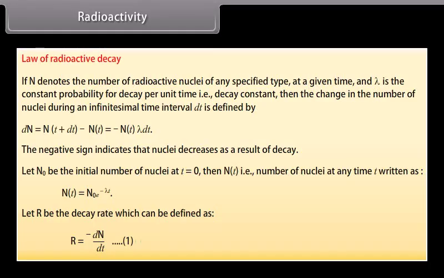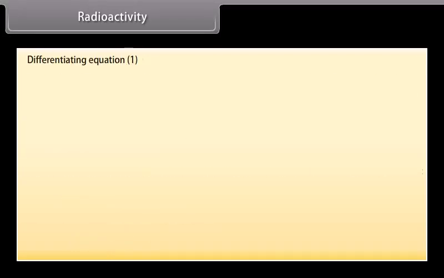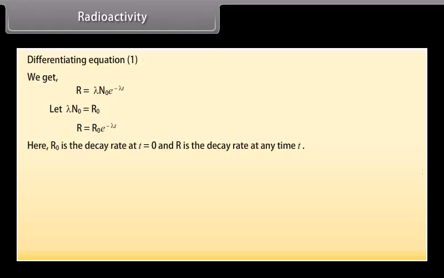Name it as equation 1. Differentiating equation 1, we get R = λN0 e^(−λt). Let λN0 equal R0. R = R0 e^(−λt). Here, R0 is the decay rate at t = 0 and R is the decay rate at any time t.